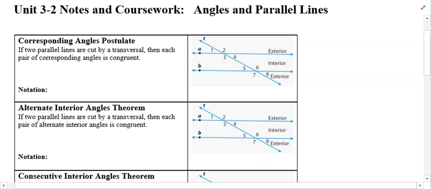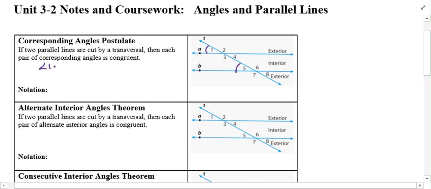So for the first one, corresponding angles postulate. If two parallel lines are cut by a transversal, then each pair of corresponding angles is congruent. So in this picture, since we know that A is parallel to B and T is a transversal, then we know that angle 1 and angle 5, which are corresponding angles, are congruent.